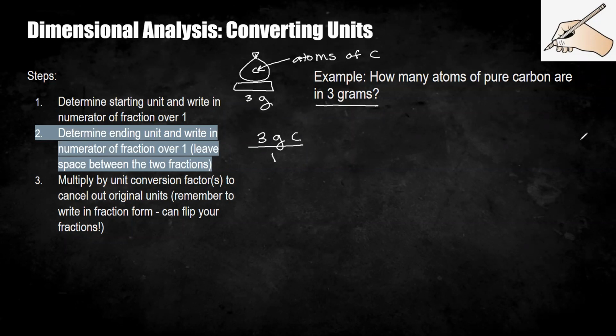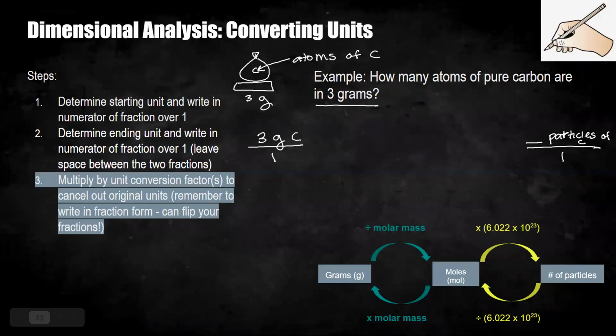I want to get to my final unit, which is asking about the atoms, or I'm going to call this the number of particles of carbon over 1. So I've got my 2 bookends here.